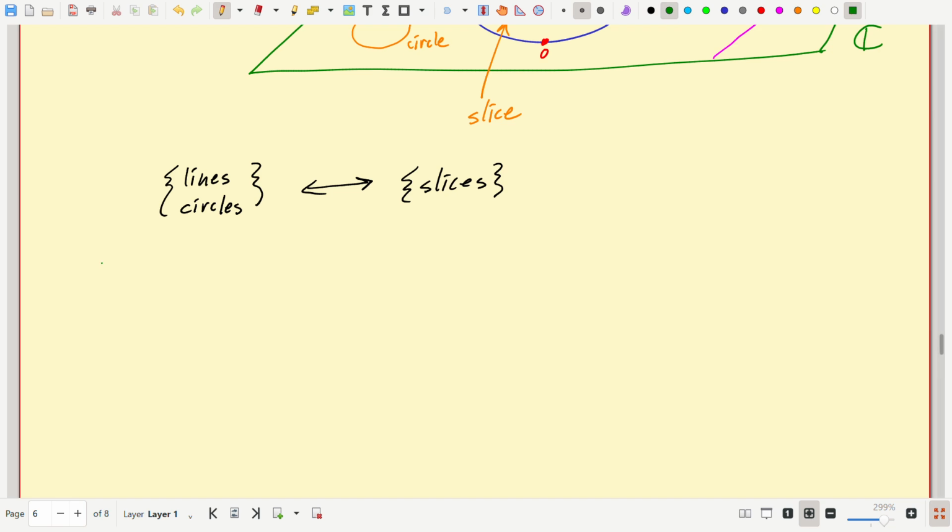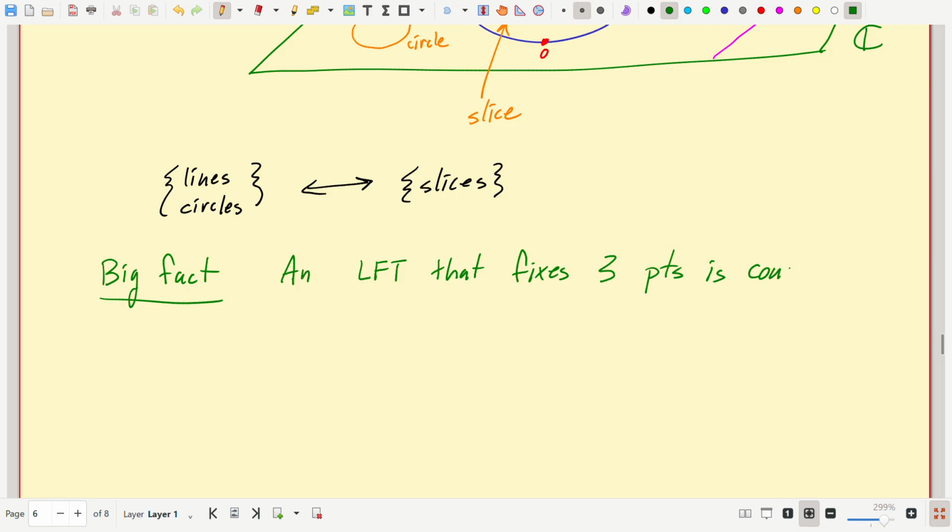Well, lines and circles are interesting because they're determined by 3 points. So, a big fact for making linear fractional transformations useful is that an LFT that fixes 3 points is the identity.